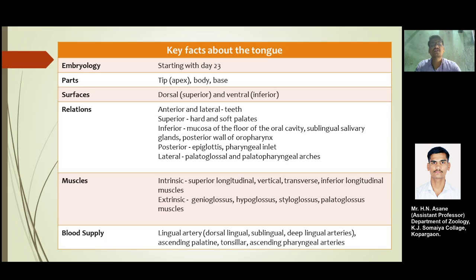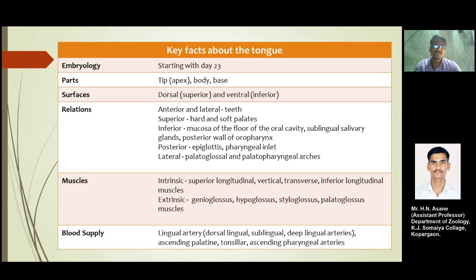So the key facts about the tongue, the highlighted points, the embryology of the tongue: tongue development starts on the 23rd day of the embryo. The parts of the tongue are the tip, that is the apex, the second part, the body, and the third part, the base. The tip is the apex only.